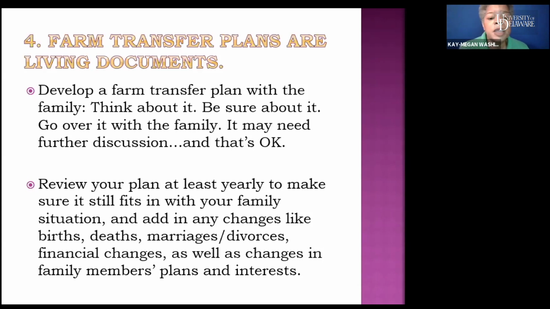Children are born, people die, people get married, people get divorced. There are changes that are in place. There may be a reverse mortgage on the house now that there wasn't before. The land is still one way, but maybe there's a reverse mortgage on the house that needs to be accounted for. So these are things that need to be revisited.